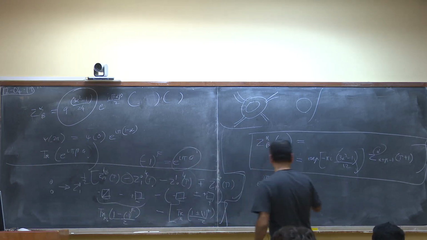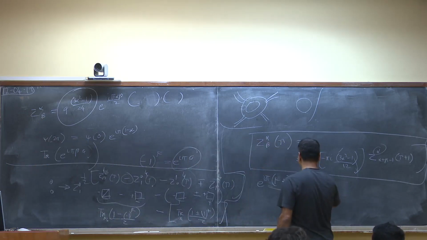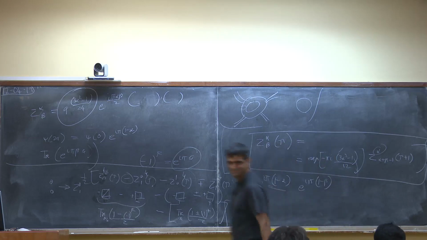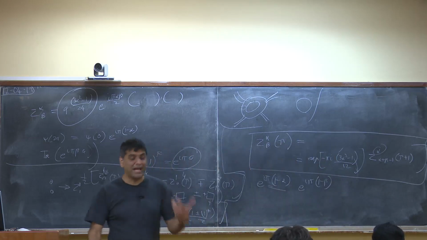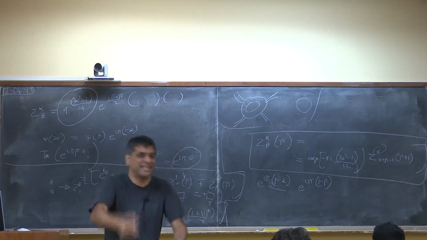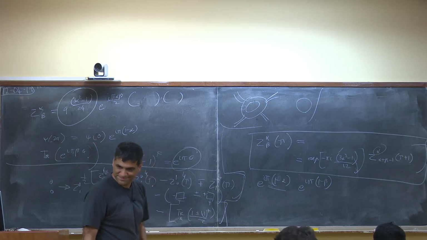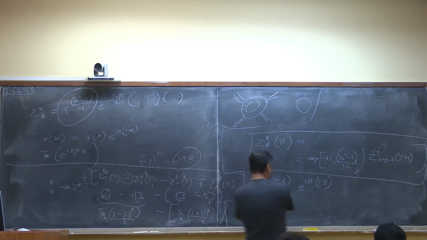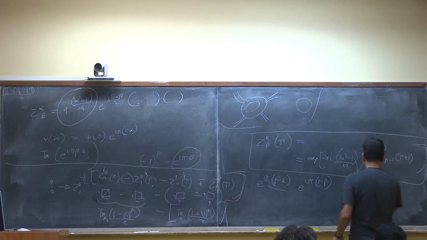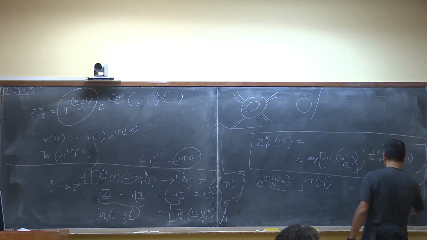It was e to the power i pi, 1 minus beta. The e to the power i pi was the fact that the trace gave you a minus 1 to the F, and then the beta was explicitly put there. So the whole thing is e to the power i pi, 1 plus 1 minus alpha minus beta.